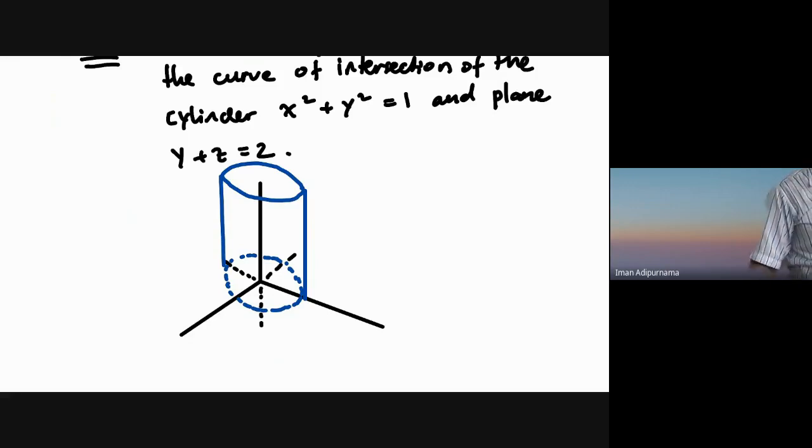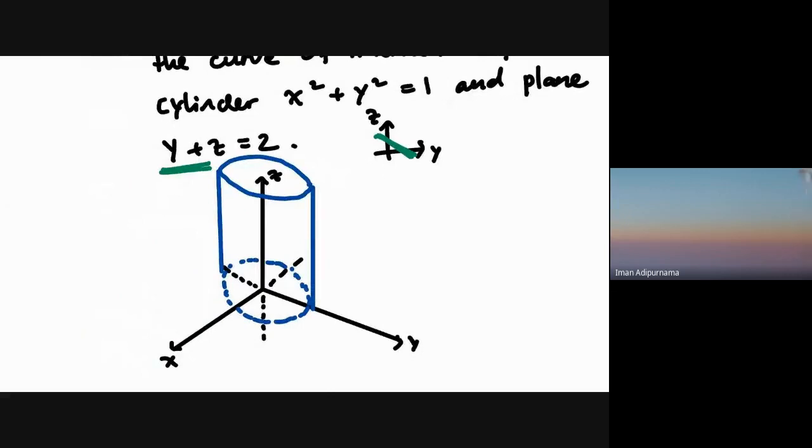Okay, probably that is the cylinder. And y plus z equal 2 is, let me draw, this is z, this is y, and this will be the intersections, right? If you draw in 2 dimensions.